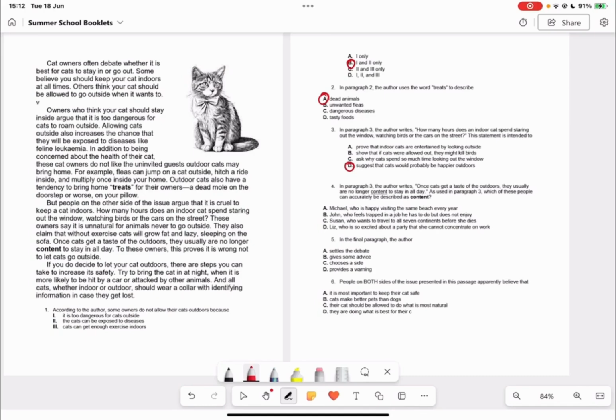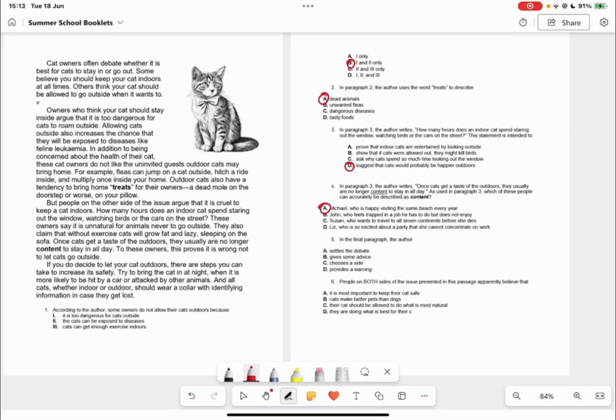Susan, who wants to travel to all 7 continents before she dies. Or Liz, who is excited about a party that she cannot concentrate on work. So we know that the answer will be A, because Michael is already happy with what he has, whereas John is unhappy, and Susan and Liz haven't done what's made them happy yet. So when you're content, you're happy with what you have.